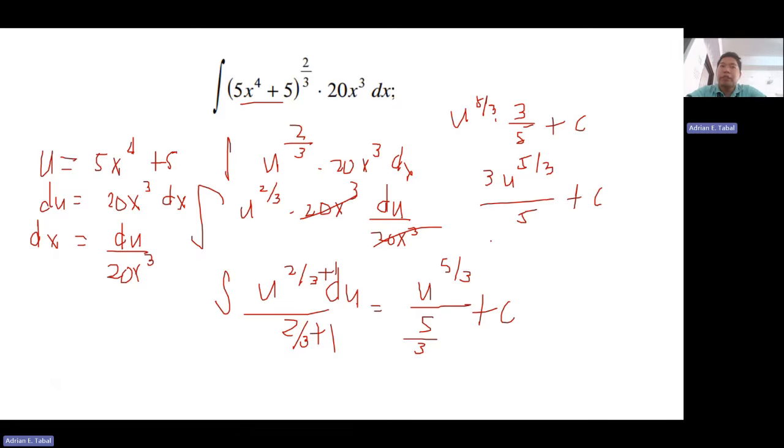The value of our u is 3 times 5x raised to 4 plus 5, raised to 5/3, all over 5 plus c. That is how you get the integral of this function with a fractional exponent.